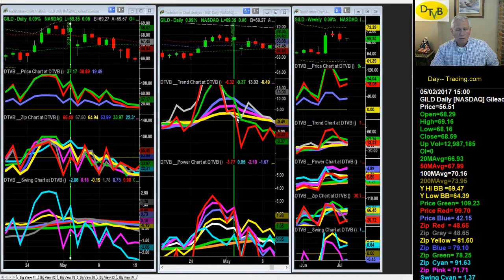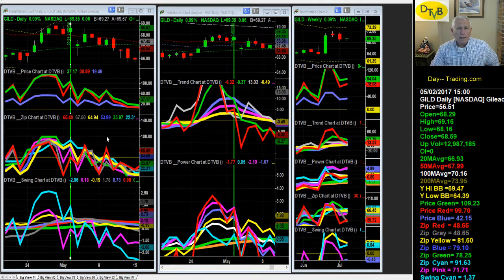Gray has gone down, so there's divergence there. You have these two other patterns here, and all of that information together gives us enough supporting evidence to justify a potential gap down.